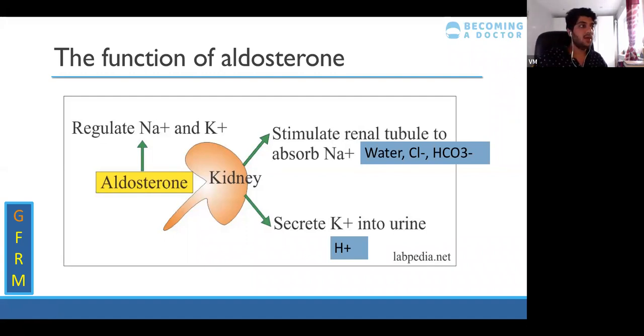And this is one way in which the body deals with acidosis. So if the body has too many protons, aldosterone can be switched on, and that can get rid of these H+ ions and return the pH back to normal. That's just one way in which aldosterone is switched on.